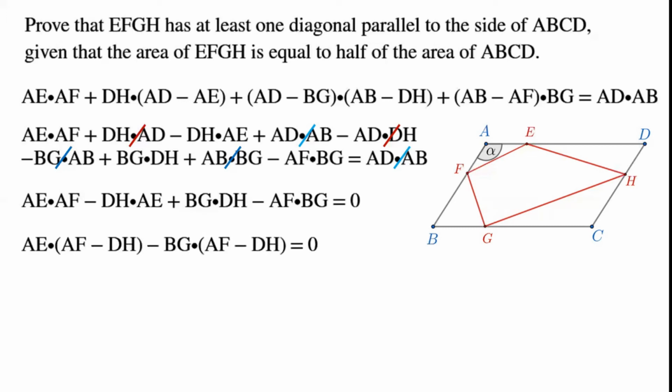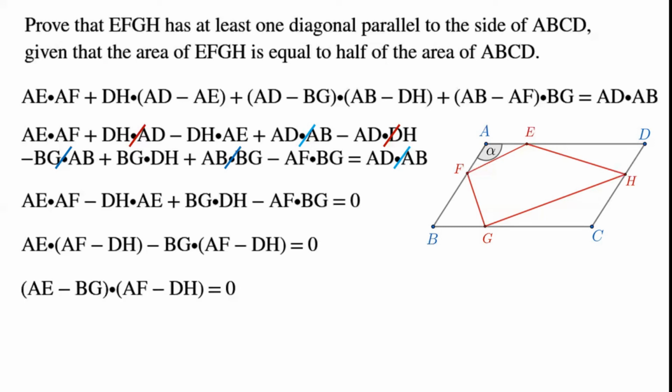The first two terms have a common factor, AE, so we can write AE times (AF minus DH). The last two terms have a common factor, BG, so we can write minus BG times (AF minus DH).